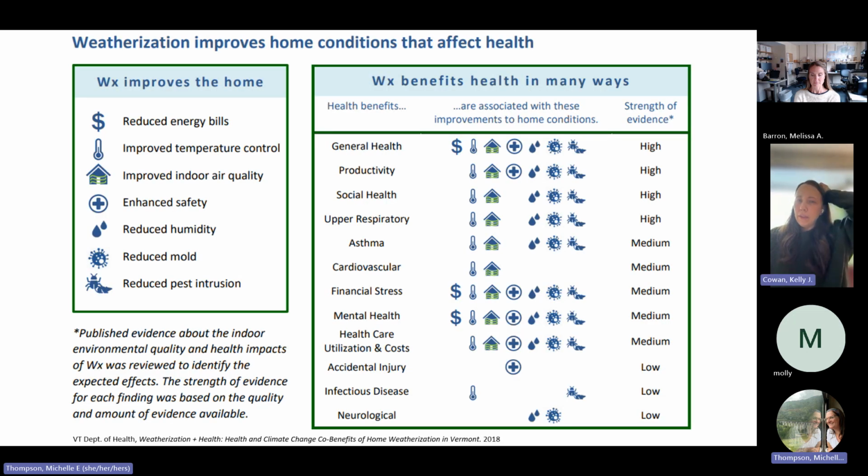And then we'll talk about weatherization. That's something that also improves home conditions that affect health. It improves the home, so reduce energy bills, improve temperature control, improve air quality, improve safety, reduce humidity, reduce mold, reduce pests, not pets. And health benefits, this can help quite a lot.